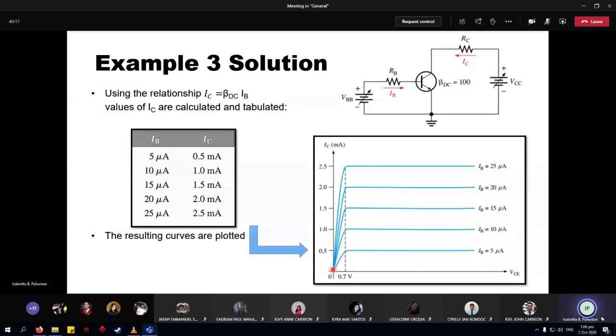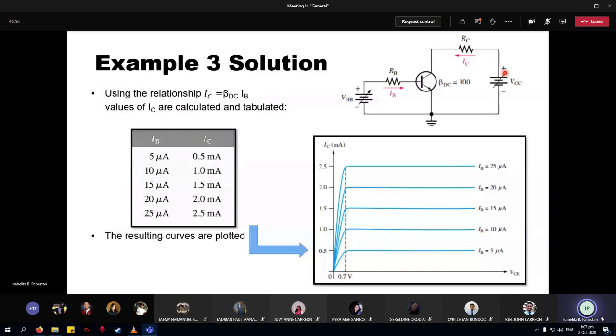For a VCE of 0.1, for example, there is a different IC. It is not 0.5 milli, it is smaller. That can be done by varying the value of RC. In example number 3 earlier, when you vary the RC, you also vary the VCE.